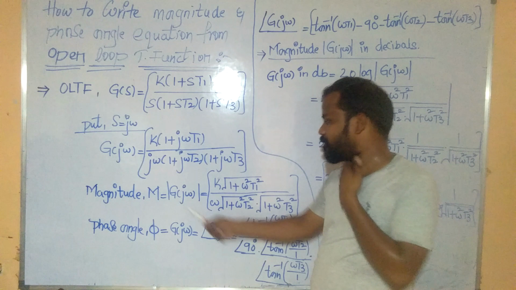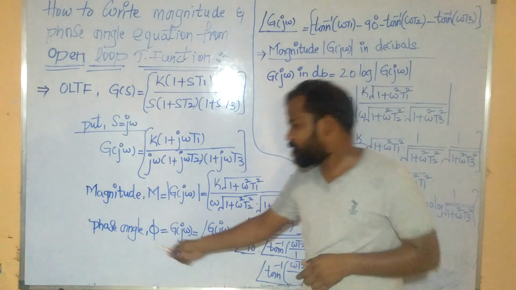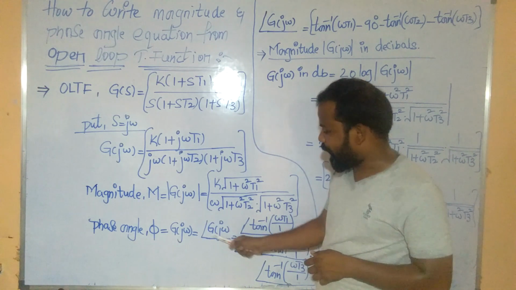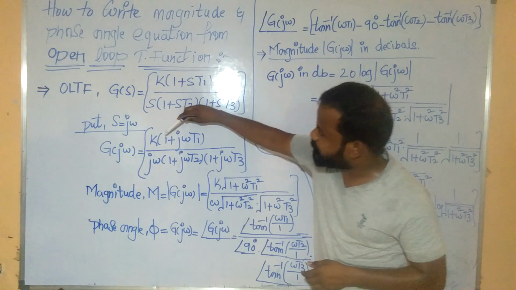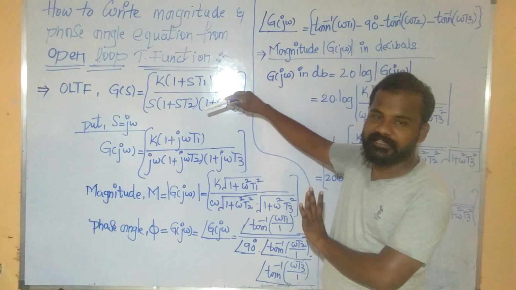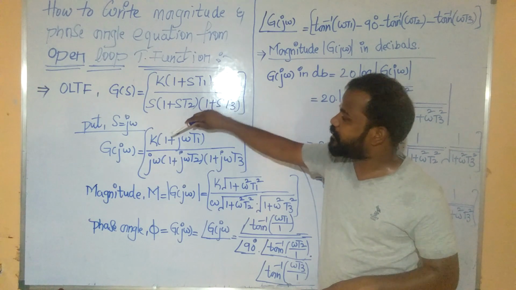Clear? Now here I want the phase angle. Now see, the phase angle phi, or the phase angle of g of j omega, is equal to the angle of g of j omega. Just see here, the angle of k is 0, so that's why I am not writing anything here. And here 1 plus j omega t1, so this is real plus imaginary.